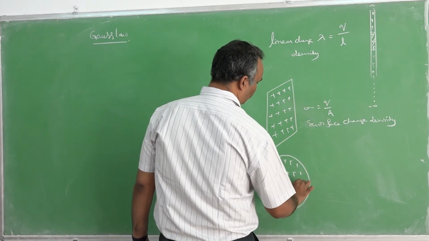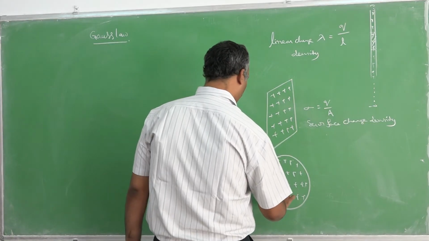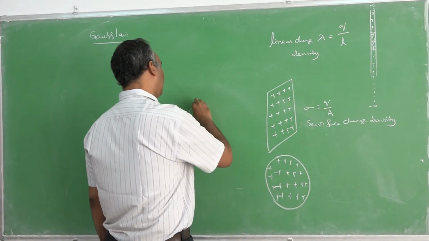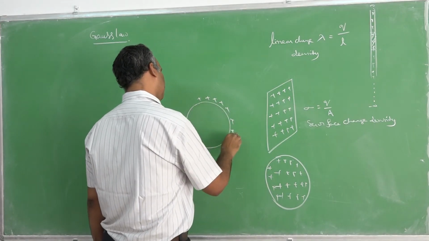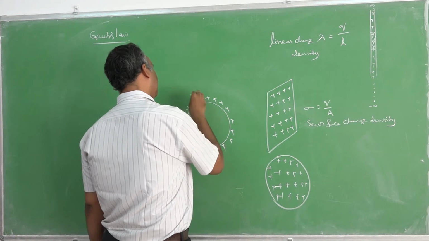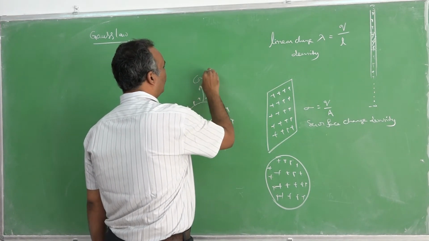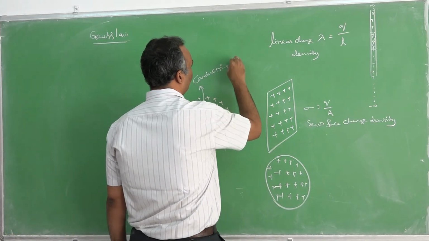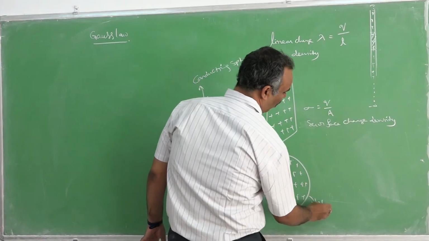Here one point you should remember: if it is a non-conducting sphere, charge is distributed throughout. If it is a conducting sphere, charge only resides on the outer surface. This is a conducting sphere. This is a non-conducting sphere.